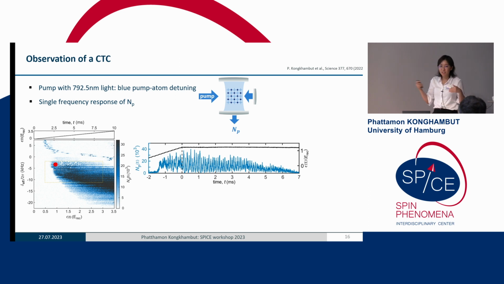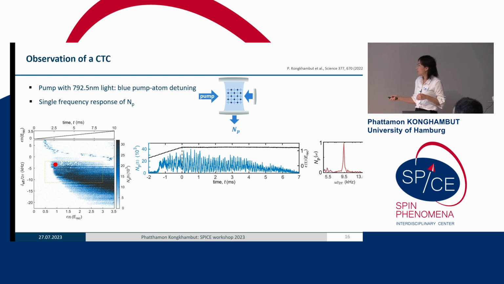If you do a Fourier transform of this light field, you would see a really nice sharp frequency at around 9.5 kilohertz. And now I do the same protocol all over this yellow grid to probe where we see this oscillation best.